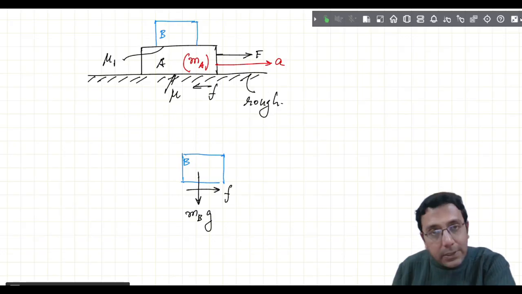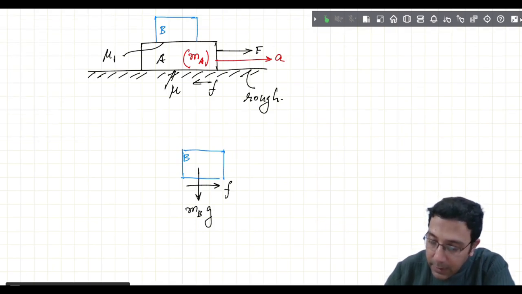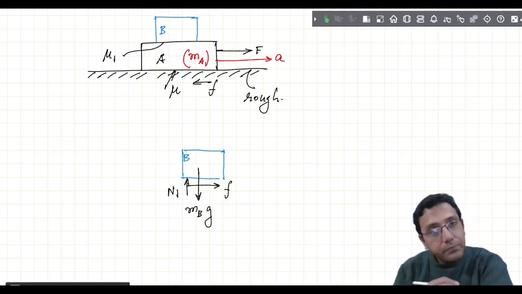So friction alone is working. There is no other force. There will be a reaction force, obviously. Normal reaction will act. Let's say this is N1.